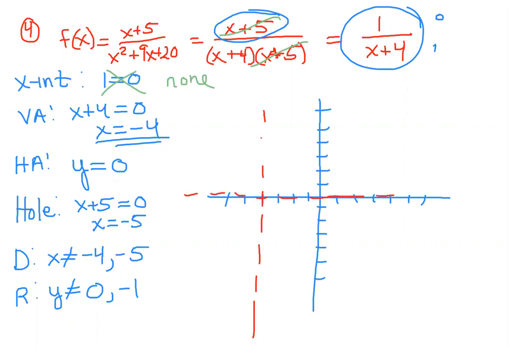So it looks like this. There's no x-intercept, but we have a hole at the point (-5, -1). So there's a hole right there. So we know it looks like this, and then we know it will look like this. So that is what our graph looks like.